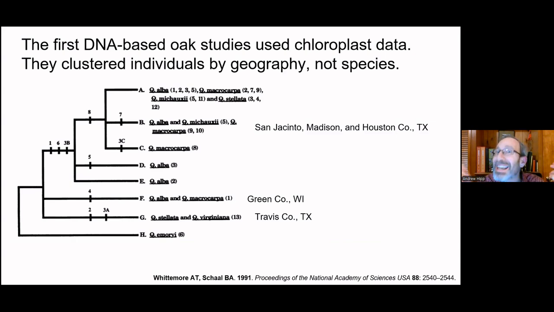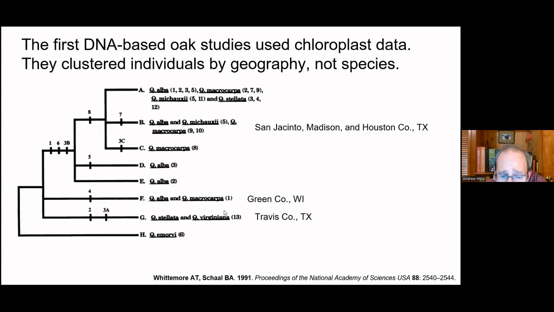And he found exactly what Leigh Van Valen said he would find. When he looked at a site like San Jacinto, Madison, and Houston counties, Texas, he found that white oak, swamp chestnut oak, and bur oak all had the same chloroplast type. When he went to Green County, Wisconsin, white oak and bur oak had the same chloroplast type.